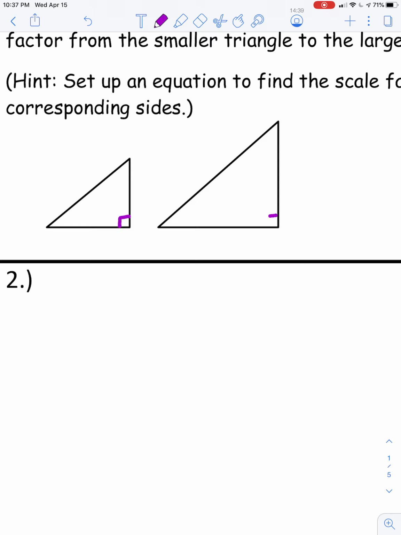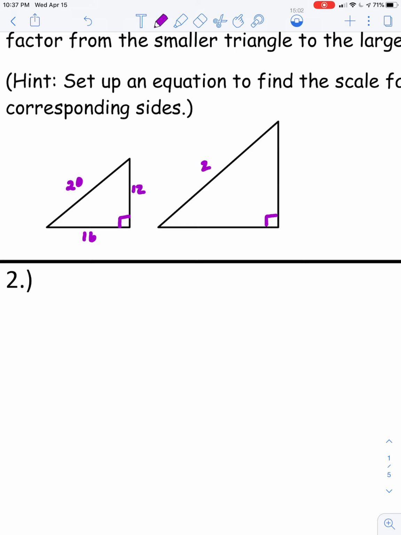I pulled these out of the book, but rather than typing in all these numbers, it was easier for me just to have you fill them in. So let me see here. Let me get these out of the book to make sure they're in there. Yes, they are. Okay, so on the smaller triangle, we have one side is 20, the base is 16, and this side is 12.